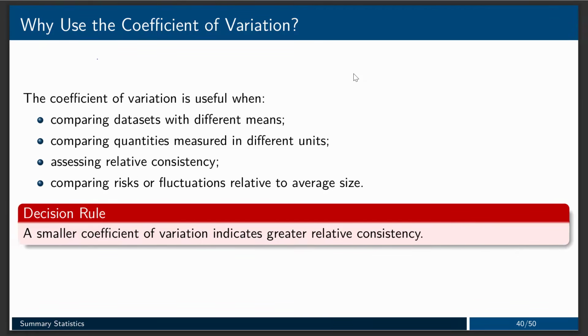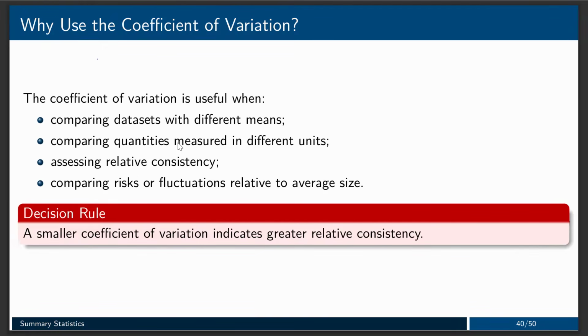You realize that for data sets that have the same mean, the standard deviation can be a good measure of distinction. But what if the data sets have different means and you calculate their standard deviation? It will not be so clear the difference between the two data sets in terms of their variation. But the coefficient of variation helps us compare data sets even when they have different means.